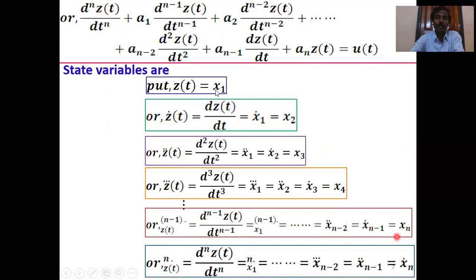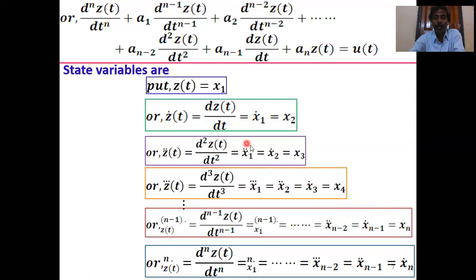So these are the state variables. Differentiate both sides and we get x1 dot equals x2. This is the very important part: x1 dot equals x2, one state equation. Another state equation: x2 dot equals x3, another x3 dot equals x4, and so on, x(n-1) dot equals xn, and finally xn dot, which we have to calculate.